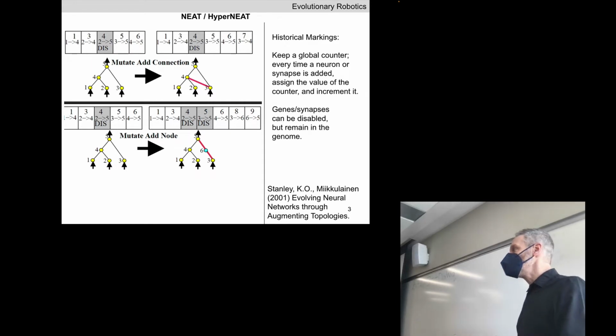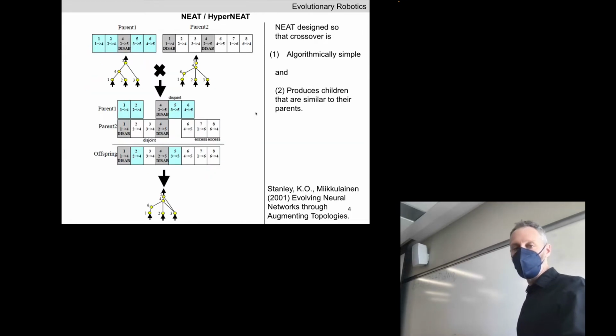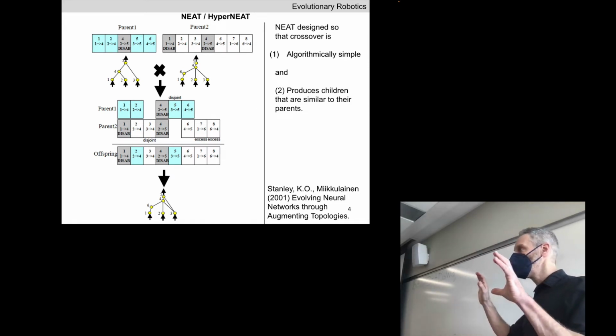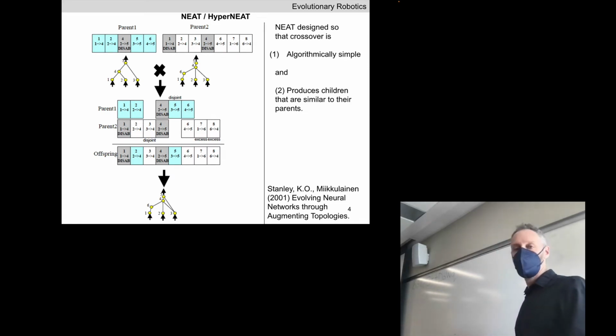This innovation number is going to allow us, when we try and perform crossover, to line up parts of each of the parent networks that we assume are going to have similar function. So in this example here, let's imagine we have these 2 parent networks here. And here is, again, just the list of synapses for each of these 2 parents.